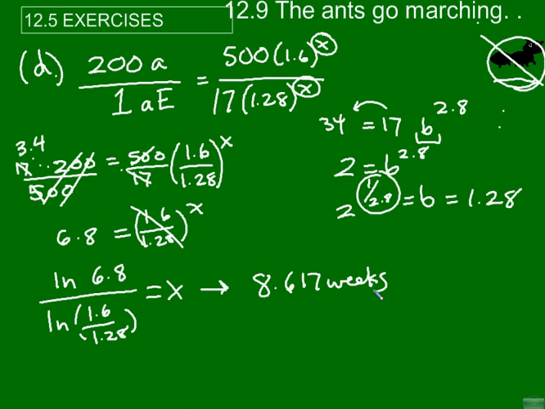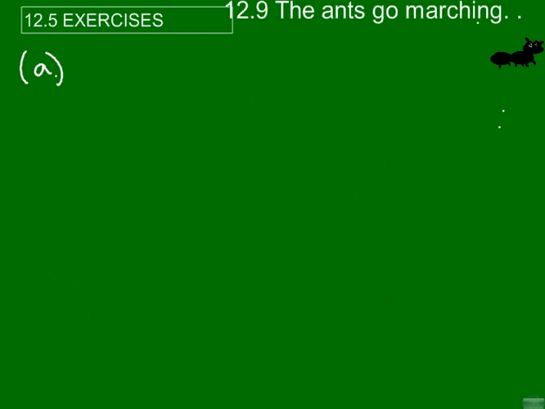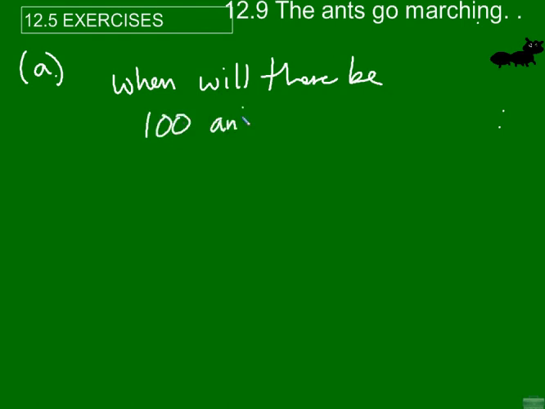Okay, that's problem 9. And very simply put, when will there be 100 anteaters on board?